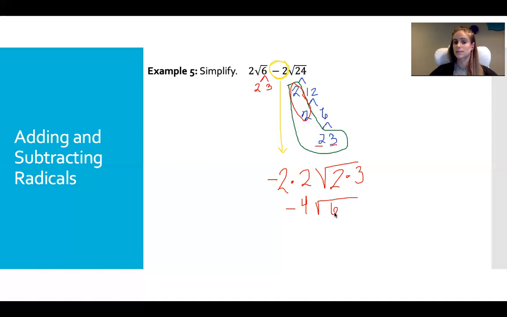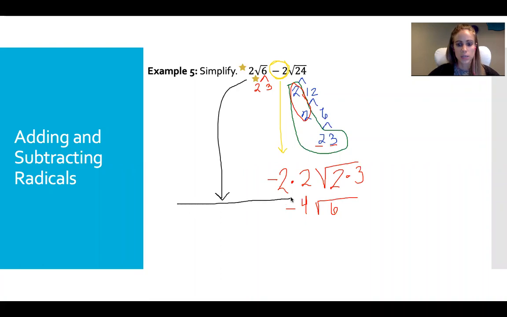Looky there. If we look back at our original problem, we had a square root of 6. So now that we simplified it, we do have like terms. So we can simplify this expression. I'm gonna bring this guy down.